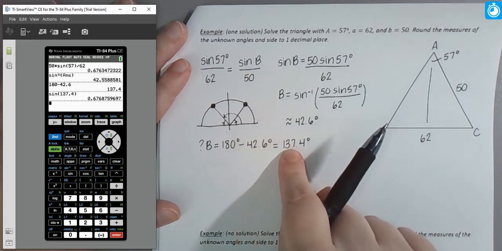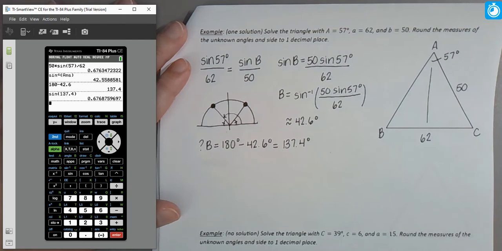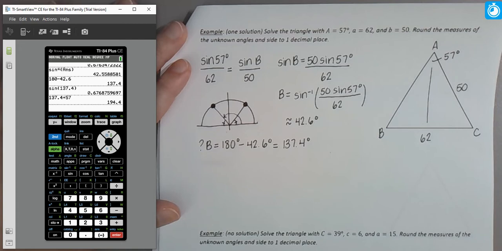But what about the 137.4? If you were to take 137.4 degrees and add it to what we currently have represented in the triangle, which is 57 degrees, notice it adds up to 194.4. In other words, it adds up to something greater than 180 degrees.